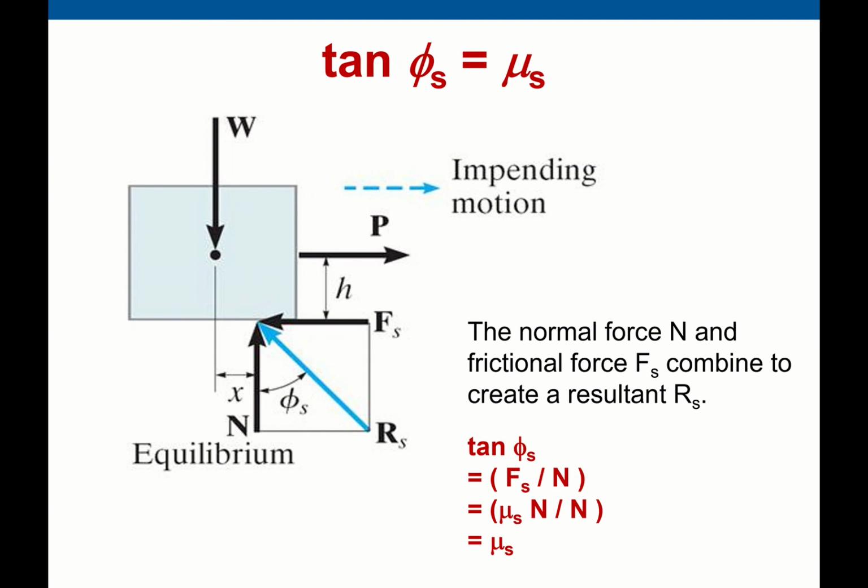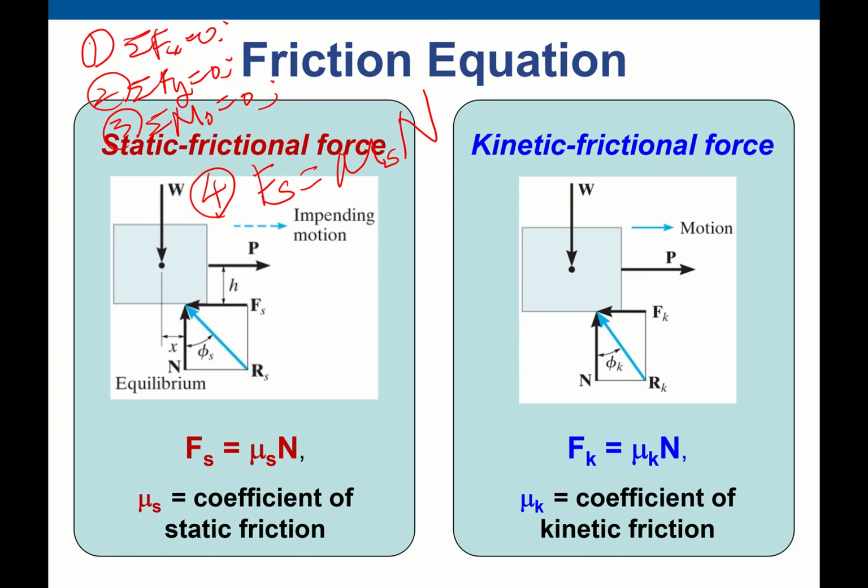I think this is way too much information, but if you see that there is a normal force and frictional force here, there is a resultant force here, this is R static, and here we have some angle information, that is psi.